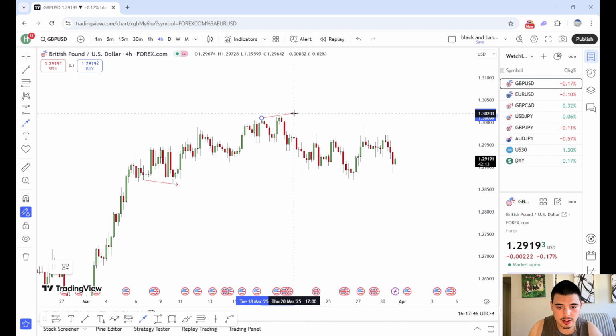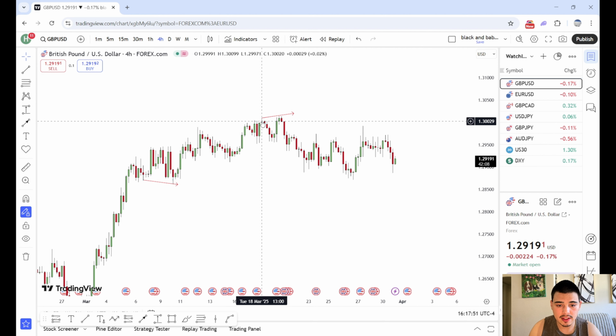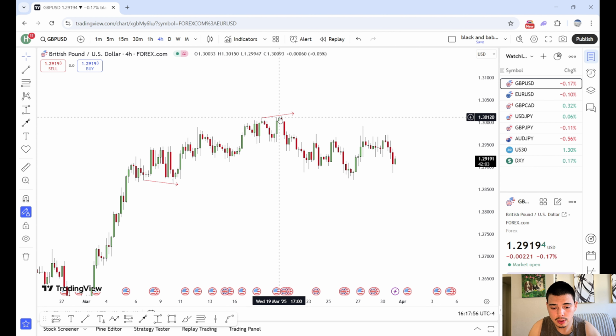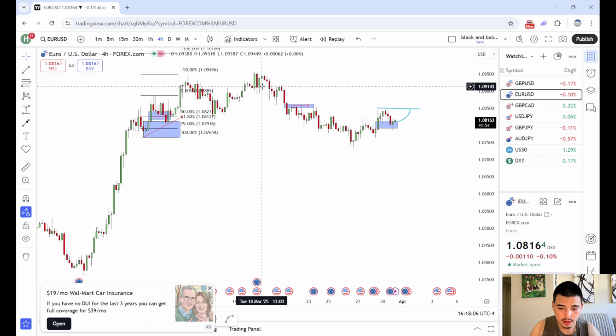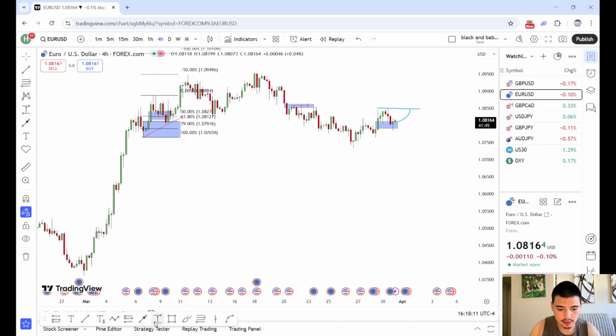it took out this swing high right here, right? It took out external range liquidity high, right? And this was March 18th at 13 to March 19 at 17. If we go to March 18 at 13, which was right here, to March 19 at 17, which was right here.